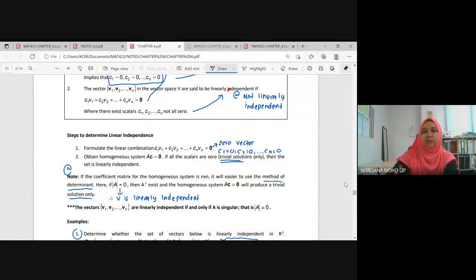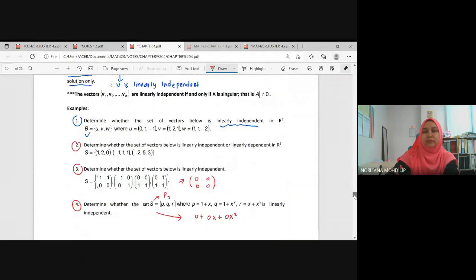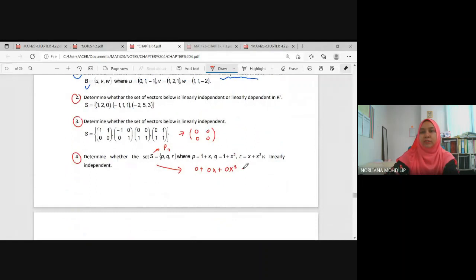Sebab kalau tulis 0 yang biasa nanti yang ni dia skalar kan. Ni vector. Ni 0 vector. Okay, ni cuba proof sendiri ni. Nak jawapan dia.